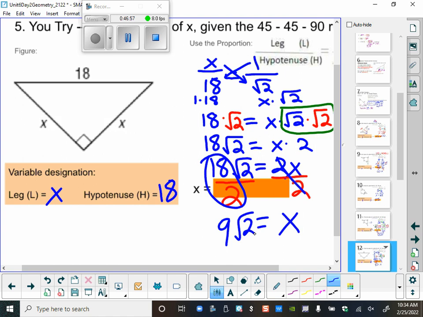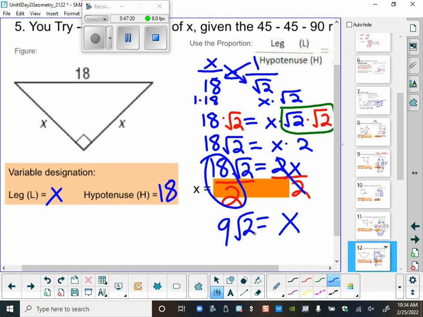If you can do this, you can do that too. The question is just a matter of which proportion or proportions you need. It's all about what's given to you. And that's why I say label, label, label. We agree? Label, label, label, very important.